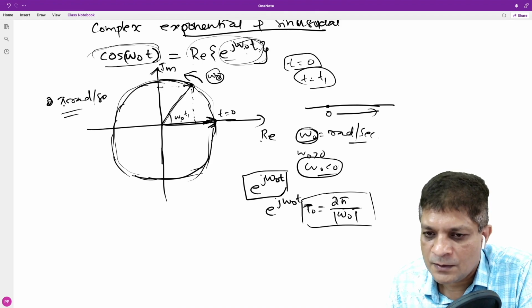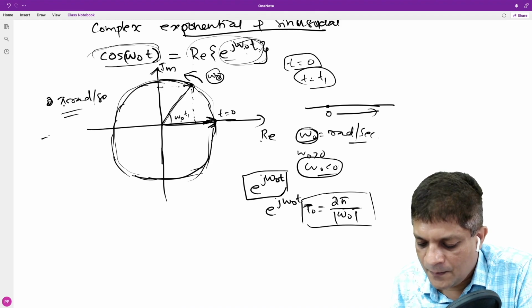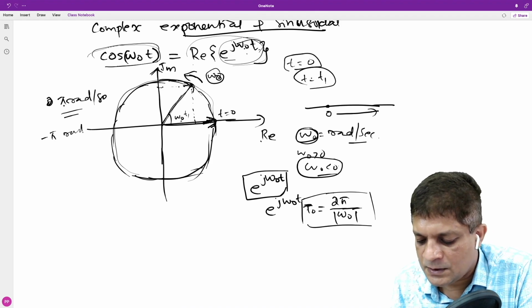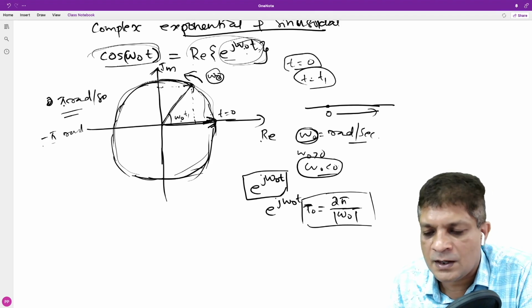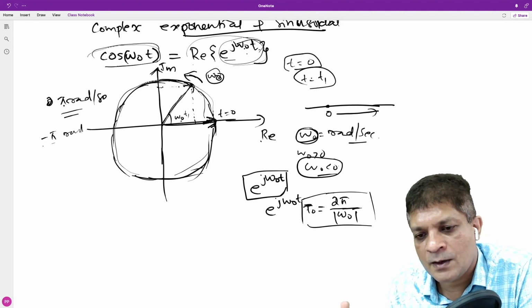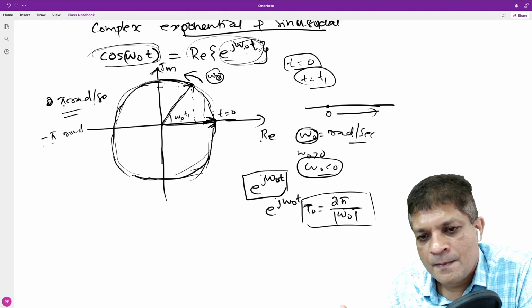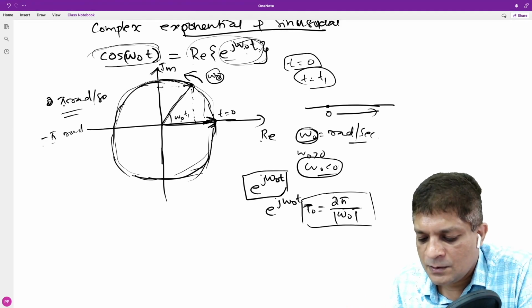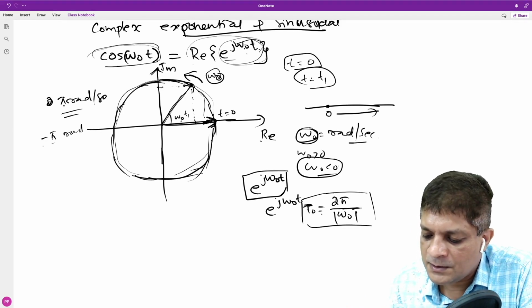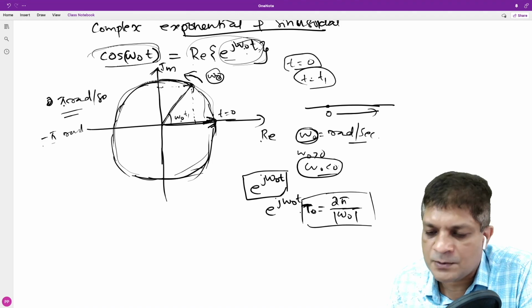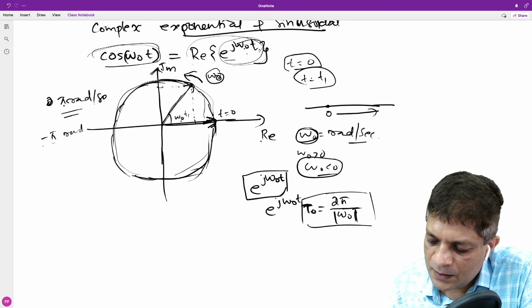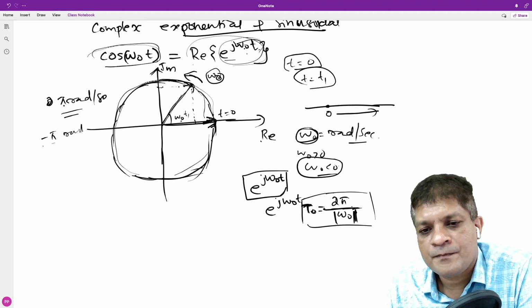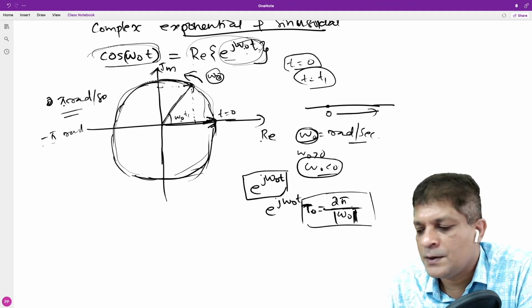Now, what is the fundamental period if it is minus pi radians per second? Minus pi radians means it is rotating in the clockwise direction with the same angular frequency. So there also the time period is the same, isn't it? We define this time period as a positive quantity, the fundamental period. That's why we are taking the modulus here. So this is the fundamental period of the signal.